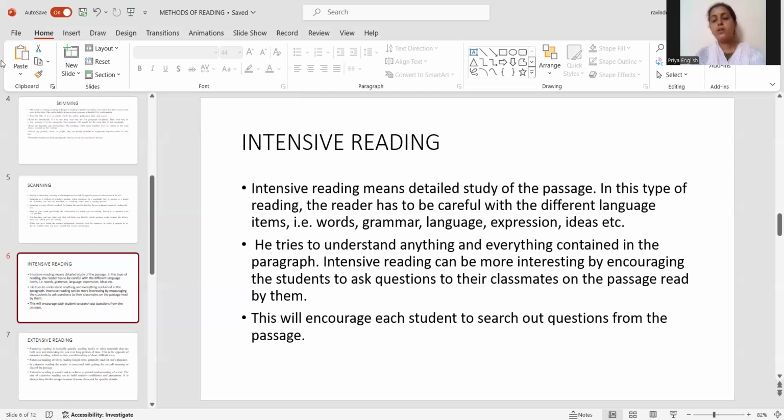This creates a very positive environment in the classroom. It will encourage each and every student to search out the questions from the passage. So intensive reading is a really interesting way of reading.